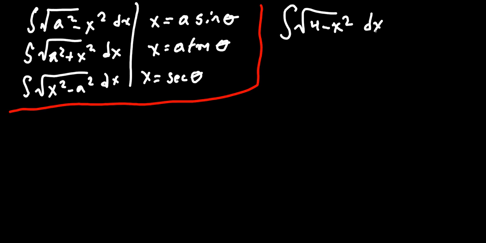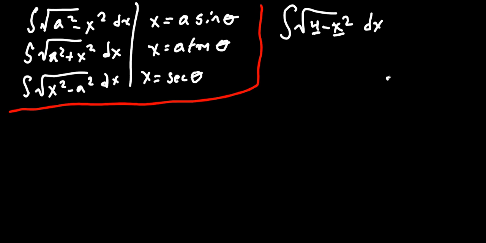Well, we have a square root and we have two terms under it. We can't really split anything, so we're going to have to dig into the bag of our trig substitution. We can see here that we have a number, and then we're subtracting an x squared. So it's looking like it's going to be the first form, where we substitute a sine of theta.